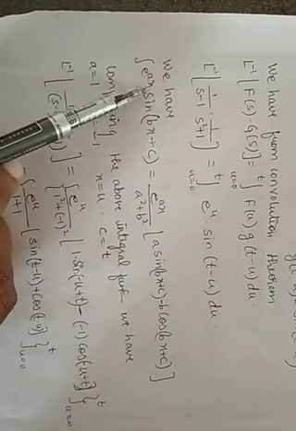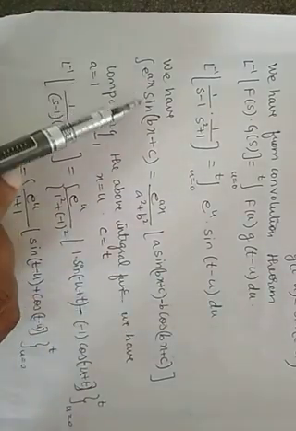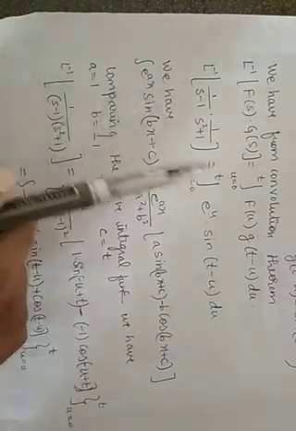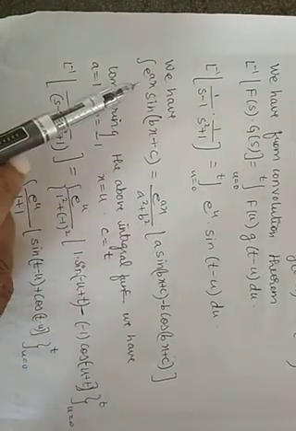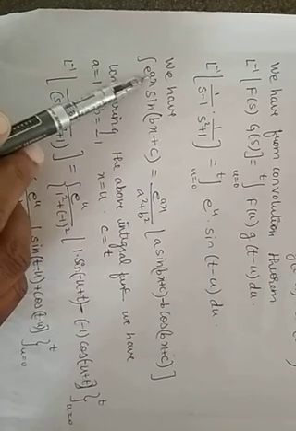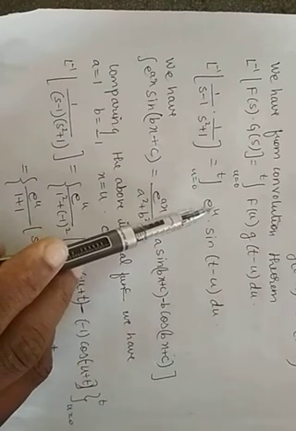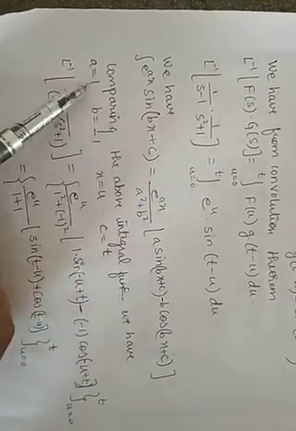So now compare. This is the integration with respect to x, so in place of x it is u. So x is nothing but u. Now what is your a? The coefficient of x in e to the power is your a. Here the coefficient of u in e to the power is your a, that is 1.